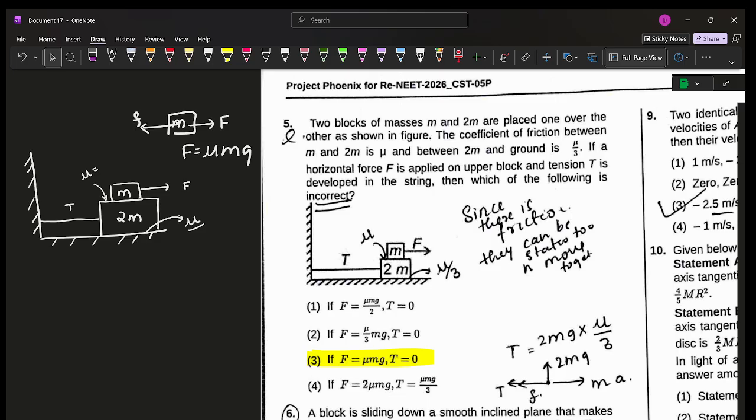And force can be anywhere between here to maximum frictional force. So it's going to be 0 to mu mg. So that's how they kind of brought up the idea where 4 is the false statement. Right.